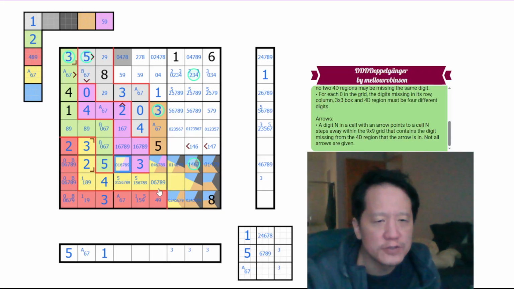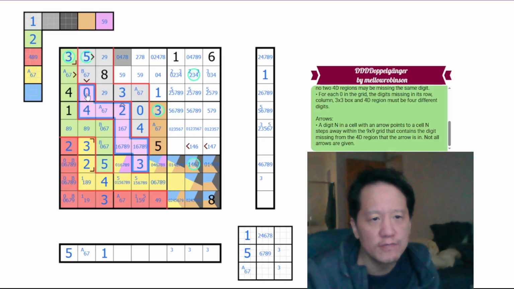Wait, why can't this be 5? Oh, because of 5 in the row. So pink has to be missing 5. Because 5 cannot be here in the pink, and 5 cannot be here in the row. And we're guaranteed pink has to be in those cells there. So pink is missing 5.